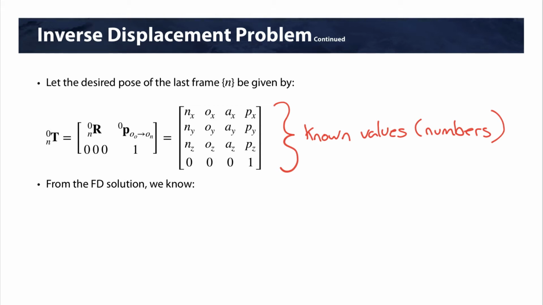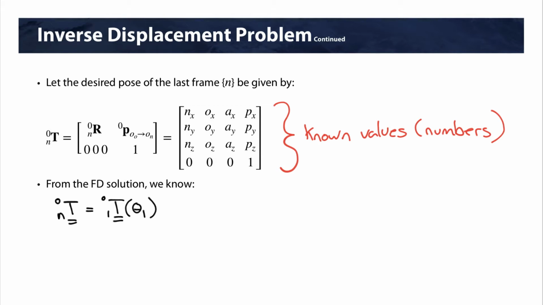Now, from the forward displacement solution, which we've looked at in prior videos, we know that we can find an expression that describes frame n with respect to frame 0 by multiplying each of our link transformations. So the link transform describing frame 1 with respect to frame 0, which is a function of our joint variable theta 1.